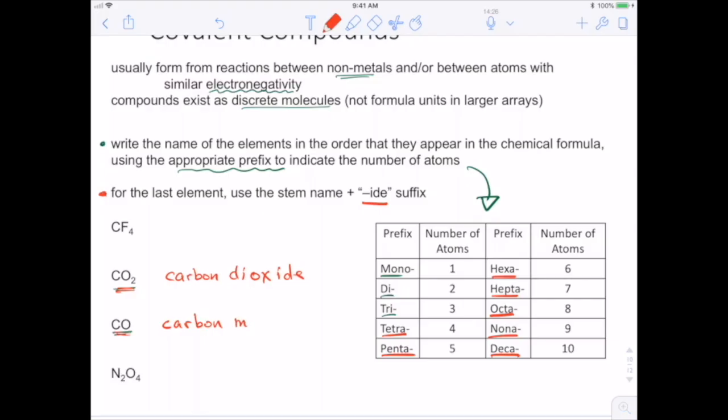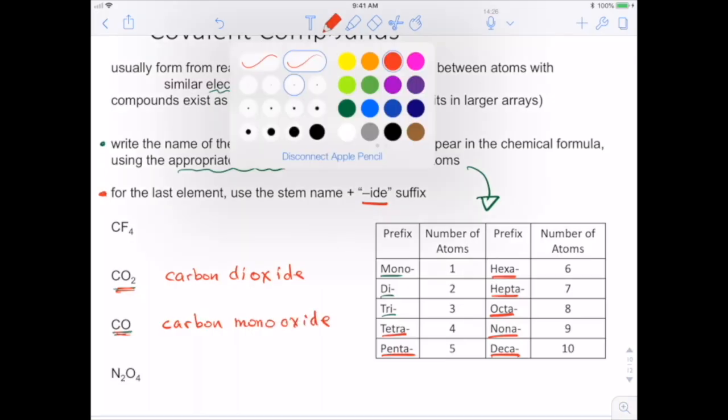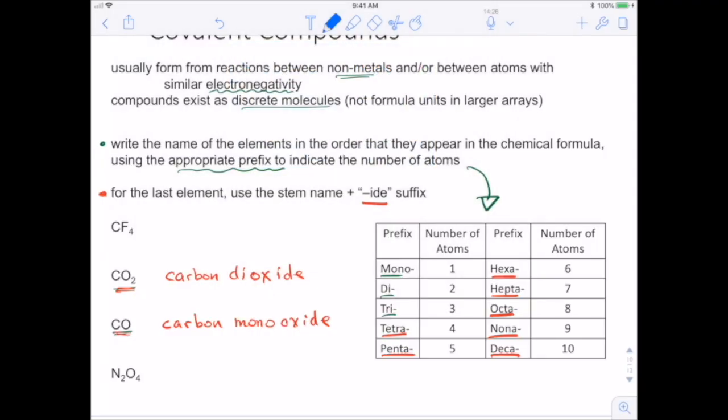So this would be monoxide. And the other little bit to add with the naming here is when you have two vowels together, you drop one. So in this case, we drop the O, and this would just be monoxide, carbon monoxide.